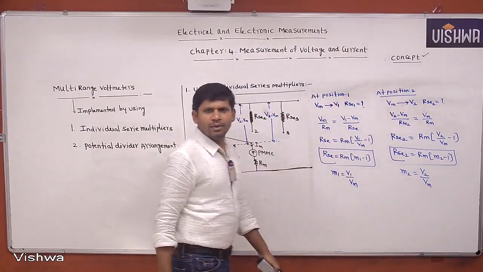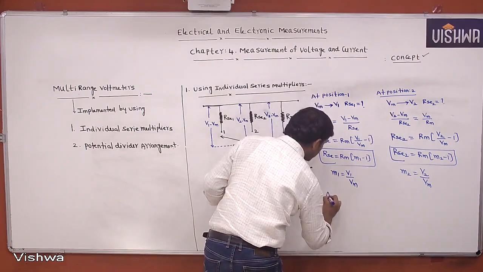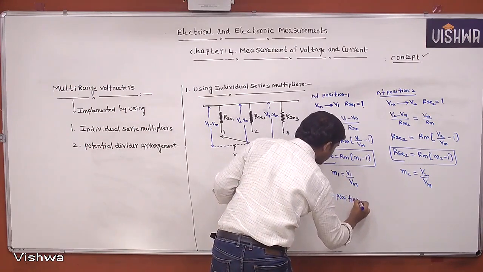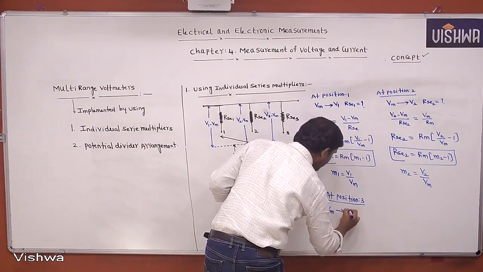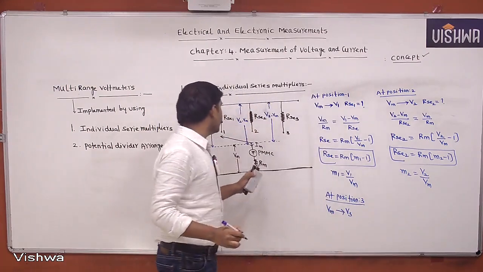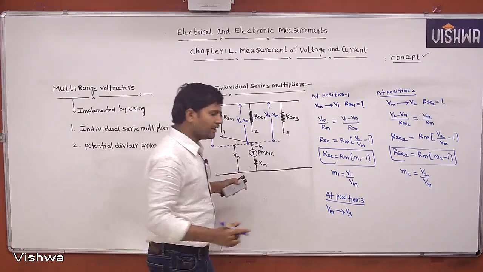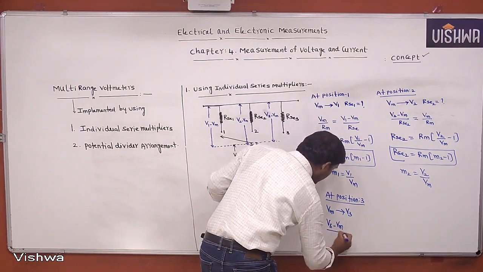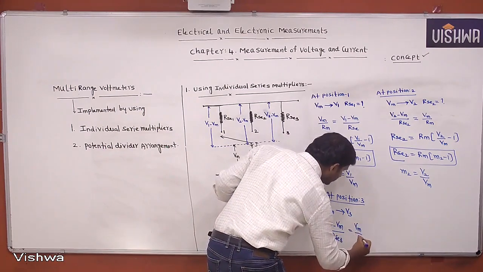Similarly, if the switch is at position 3, we are extending the range from Vm to V3, which means V3 minus Vm by RSC3 is equal to Vm by Rm.